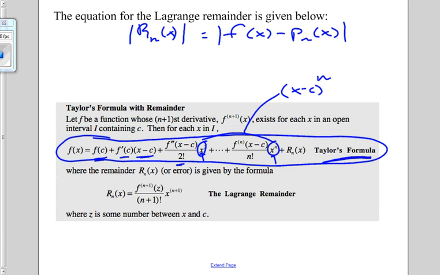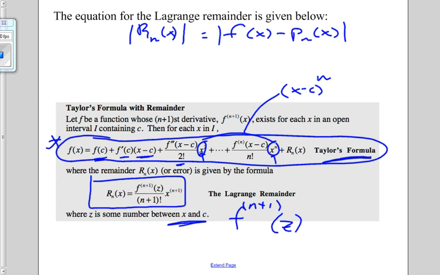The remainder is given as such. The remainder for this Taylor formula is f to the n plus 1, which means it's the n plus 1th derivative of my function evaluated at z, where z is some number between x and c, times x minus c to the n plus 1, all over n plus 1 factorial.